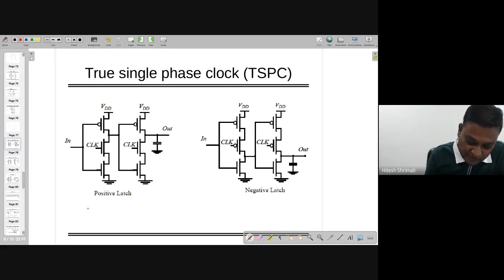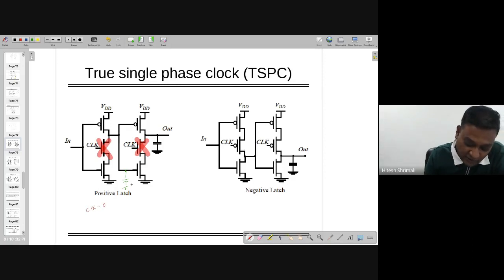You can understand its performance as follows. When clock equal to 0, what is happening? In the case of the positive latch, you can see it's like this. Notably, there is already one capacitor there, and that capacitor comes from the diffusion capacitance of the previous gate and the gate capacitance of the next stage, generally Cox plus Co overlap.